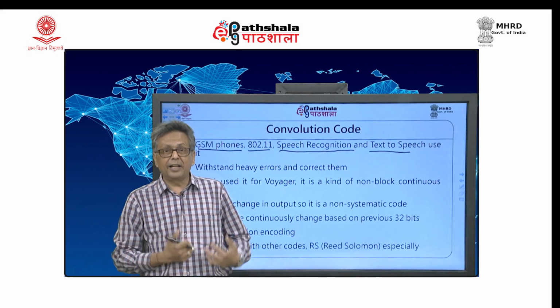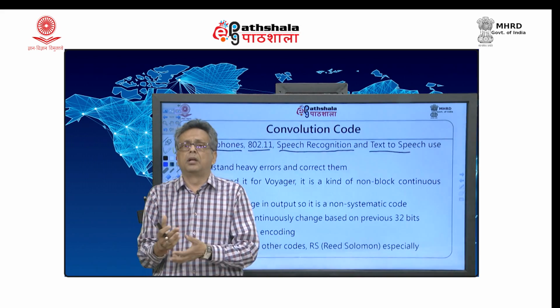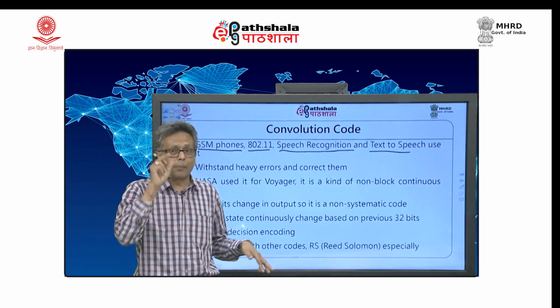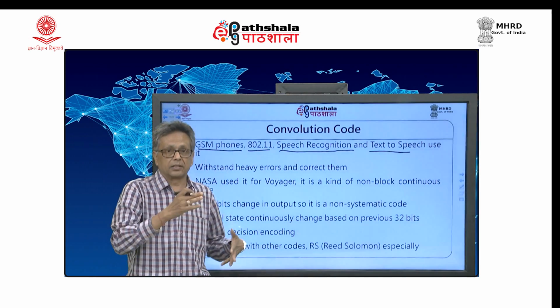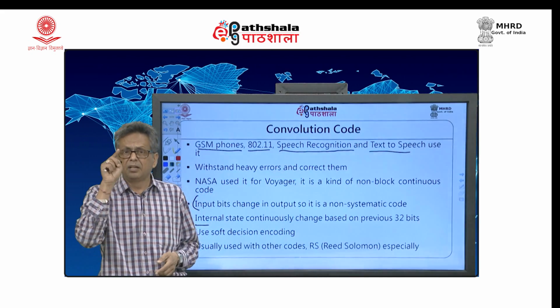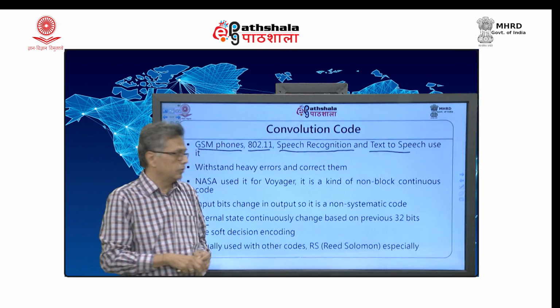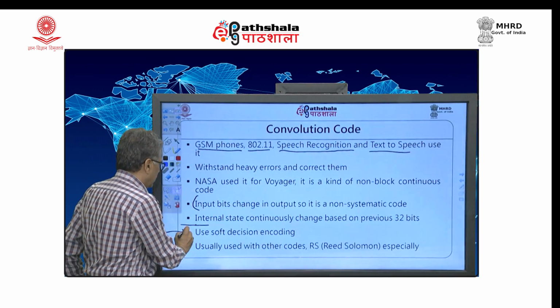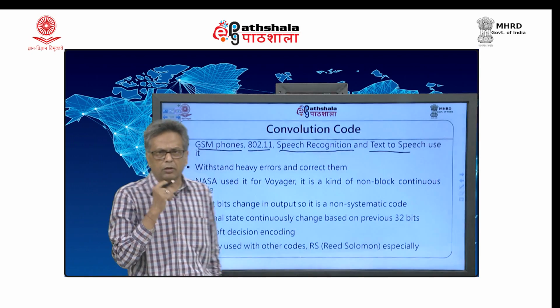So, the context makes a very critical difference to the recognition process. The same thing happens here. So, the input plus the context, in this case the last 32 bits, determine the value of an output bit. Okay. So, that is what is precisely done here, and it also does something which is called soft decision encoding.